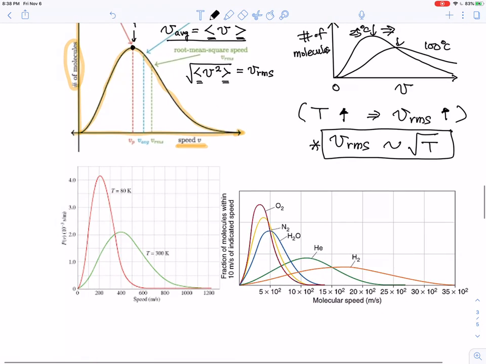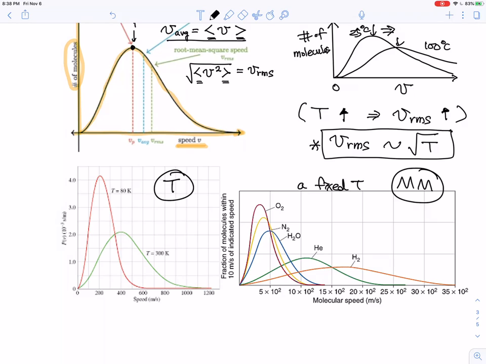So the speed distribution depends on the temperature, and for a fixed temperature, it depends on the molar mass, how heavy the molecules are. Temperature is essentially proportional to the kinetic energy of gases. As the temperature goes up, you can see that the average speed of the gas is moving to a higher speed.